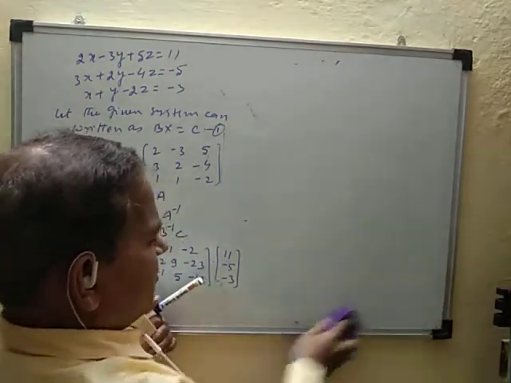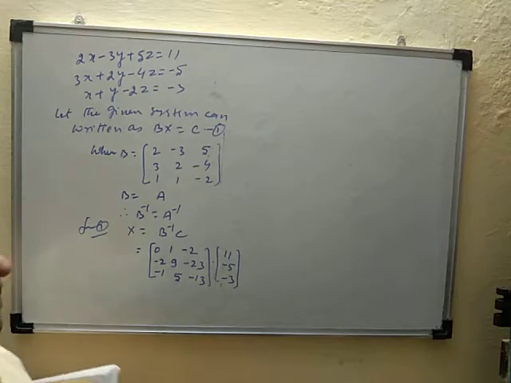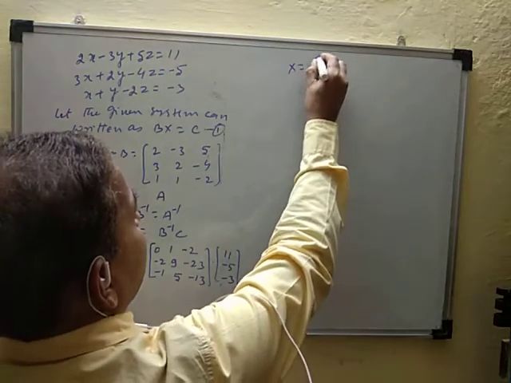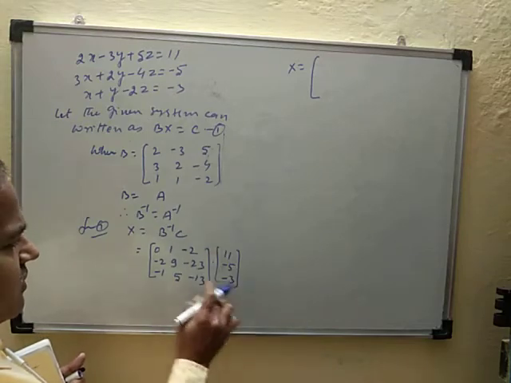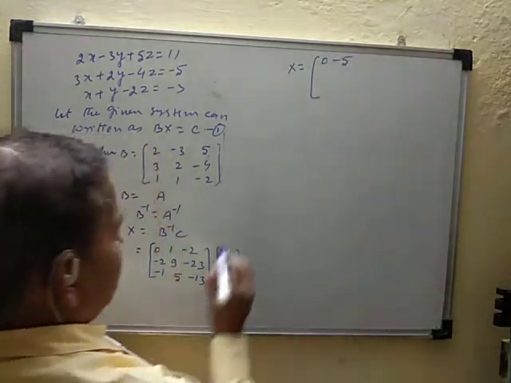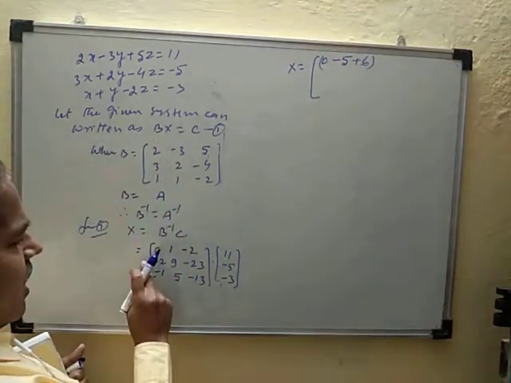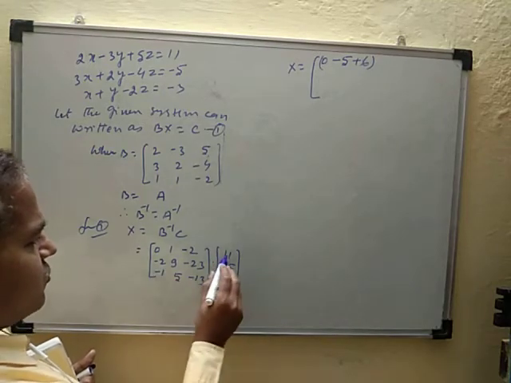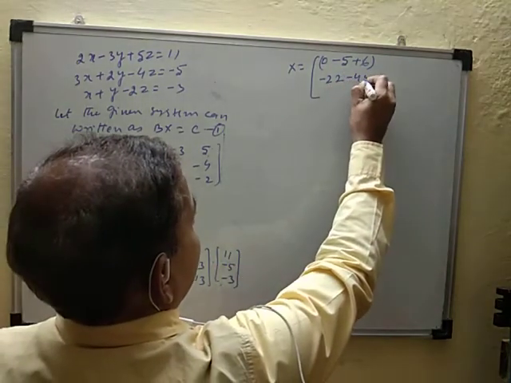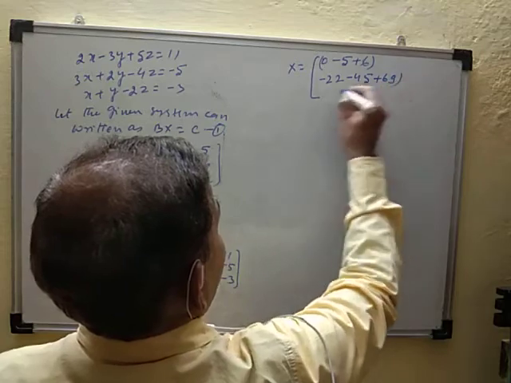Sometimes you find A inverse and then find the inverse again to solve it. Don't do that. The inverse you have already found will be used here. So now multiply it. x is equal to R1 multiply C1. So 0 into 11 is 0, 1 into minus 5 is minus 5, minus 2 into minus 3 is plus 6. Next R2 into C1. Minus 2 into 11 is minus 22, 9 into minus 5 is minus 45, minus 23 into minus 3 is plus 69.